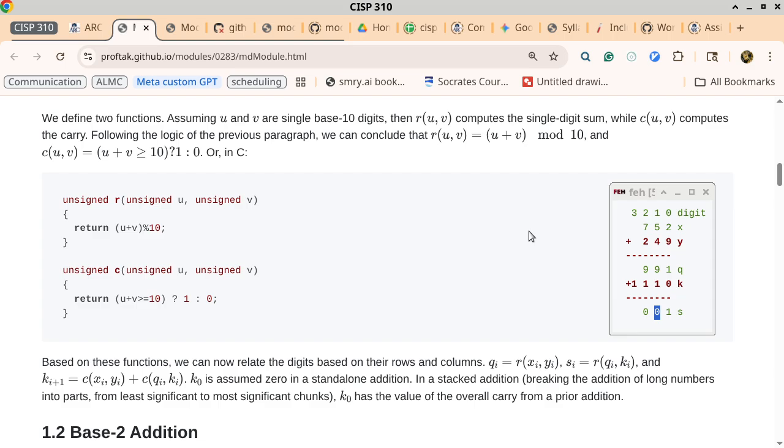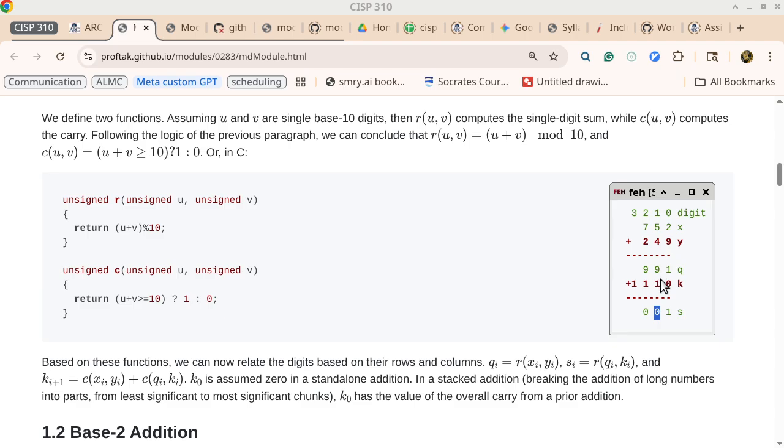But sometimes it is not because of the x plus y. Sometimes it's because of the q plus k. So let's take a look at k of 2, this particular one over here. Let me use a mouse pointer. This one here is not because of the x plus y, because x1 plus y1 is only 9. It does not have a carry of 1.